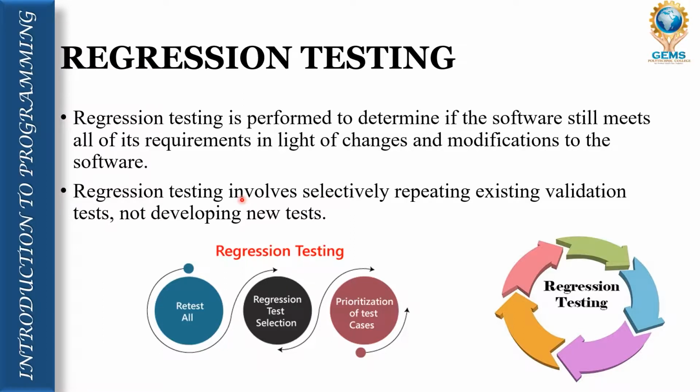So that can be checked by the regression testing. The second point says that regression testing involves selectively repeating existing validation tests, not developing new tests. So dear students, regression testing is only used to check whether the software is designed based on our SRS, or it's slightly changed or we did modification on it.